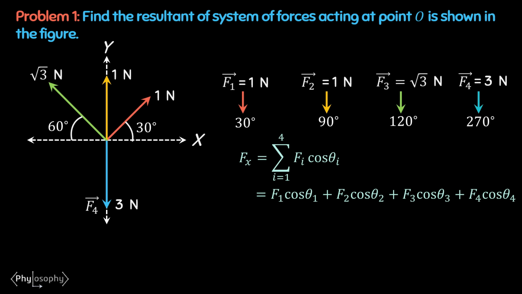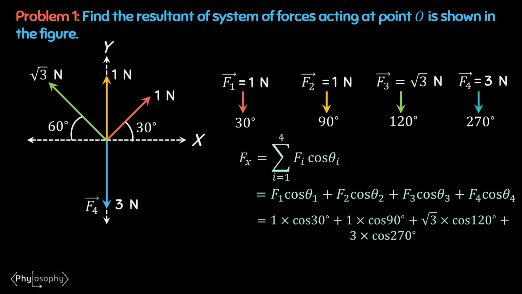Now, just put in the magnitudes of each force and the values of theta 1, theta 2, theta 3 and theta 4. Then we can write this is equal to 1 times cos 30 degrees plus 1 times cos 90 degrees plus √3 times cos 120 degrees plus 3 times cos 270 degrees. Now the value of cos 30 degrees is √3 over 2, cos 90 is equal to 0, cos 120 degrees is equal to minus half, and cos 270 degrees is again 0.